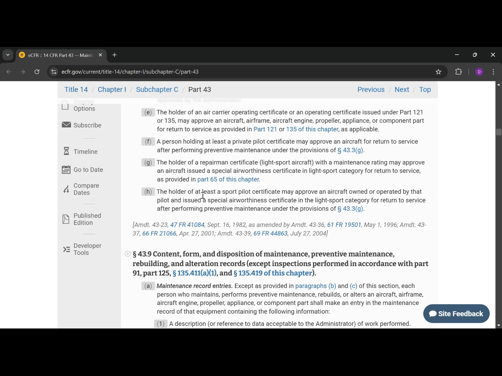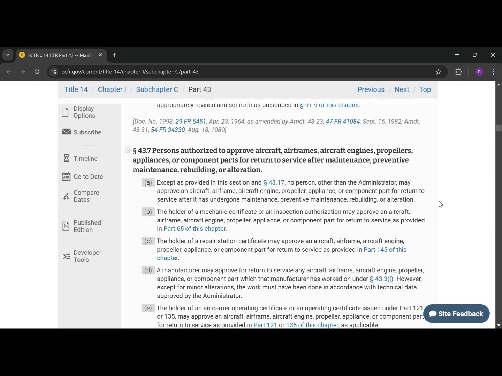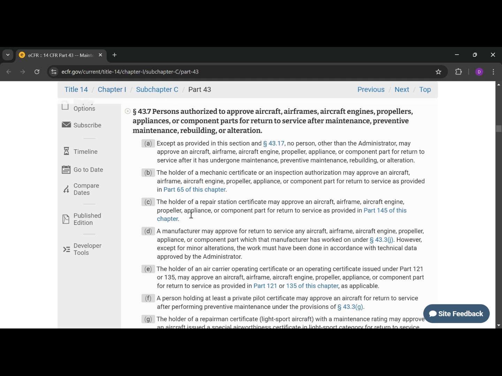The holder of at least a sport pilot certificate may approve an aircraft owned or operated by that pilot and issued a special airworthiness certificate in the light sport category for return to service after performing preventative maintenance under the provisions of 43.3(g). So just to recap, these are the people that are authorized to approve an aircraft to return to service.